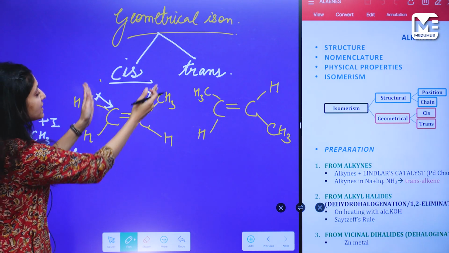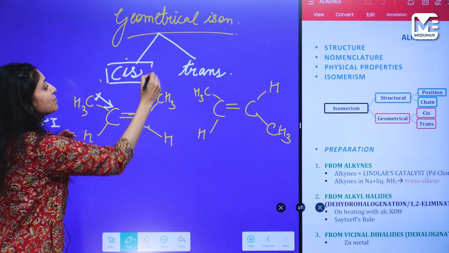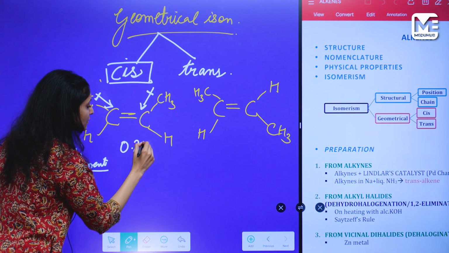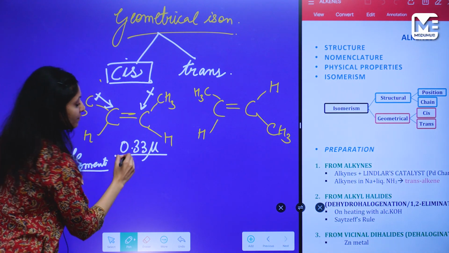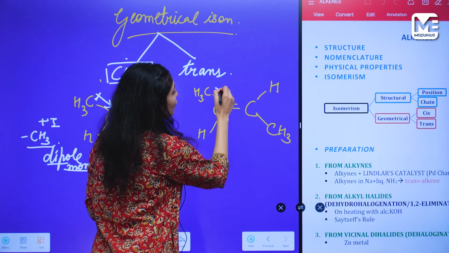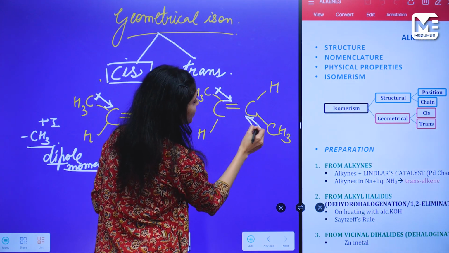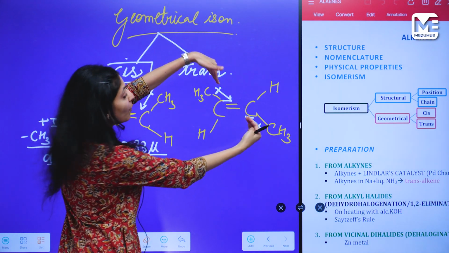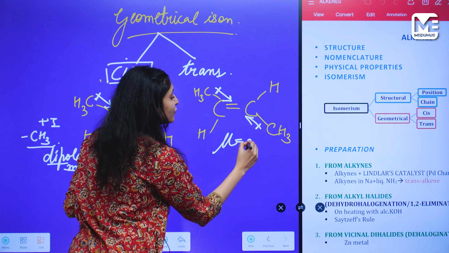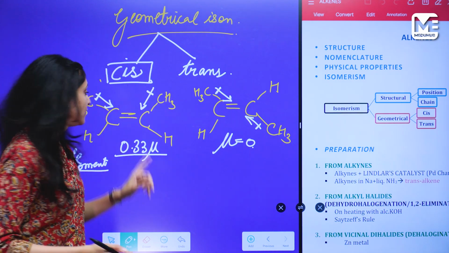These two dipole moments add up and the cis isomer has a measurable dipole moment which is mu. In case of a trans isomer, what happens? If you draw the arrows to see the dipole moment, these two are in opposite directions and they cancel each other out. So the net dipole moment for a trans isomer is 0.